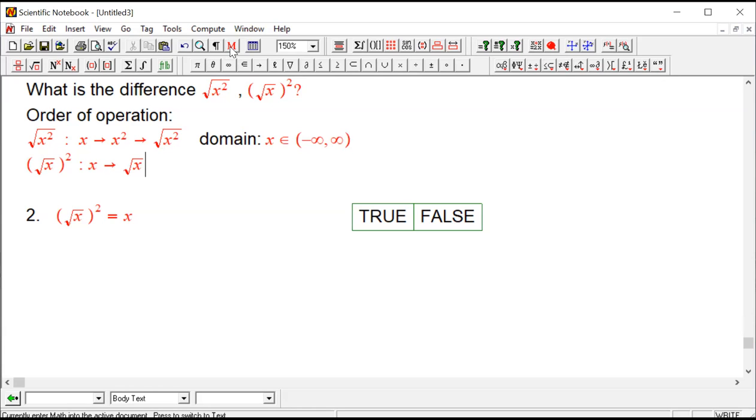Let me put a bracket. For the square root of x, by doing this step first, we have to require x to be greater than or equal to 0.